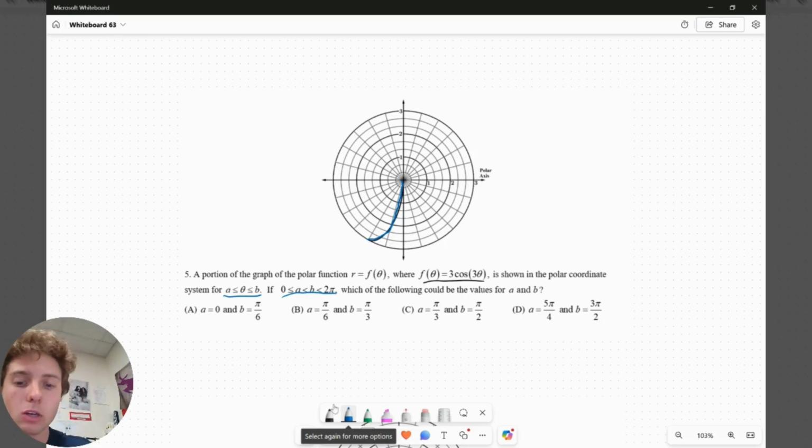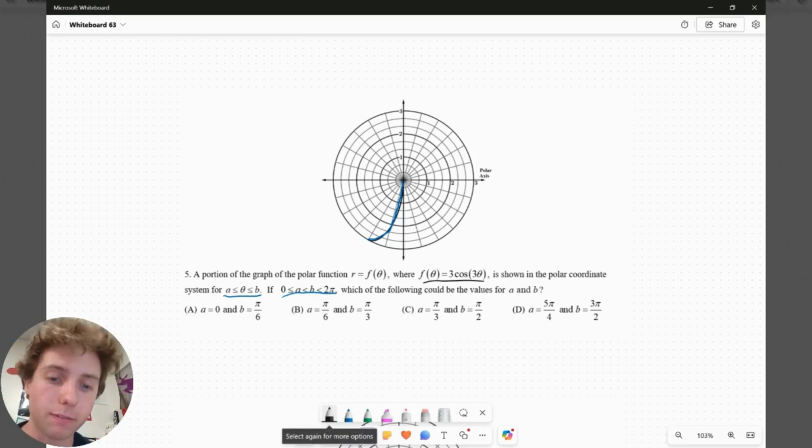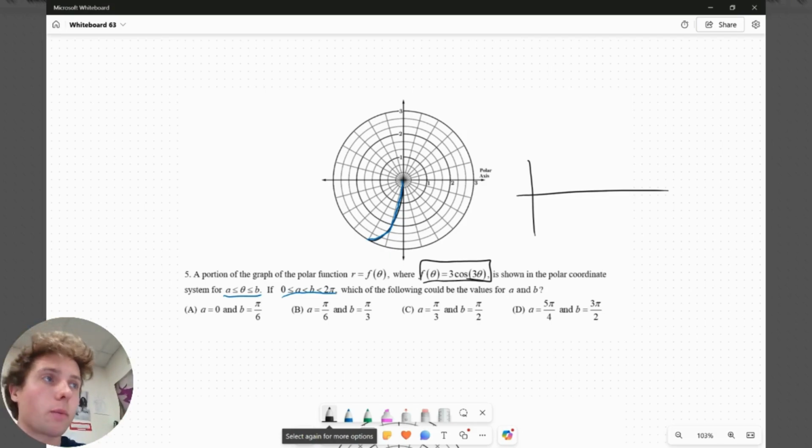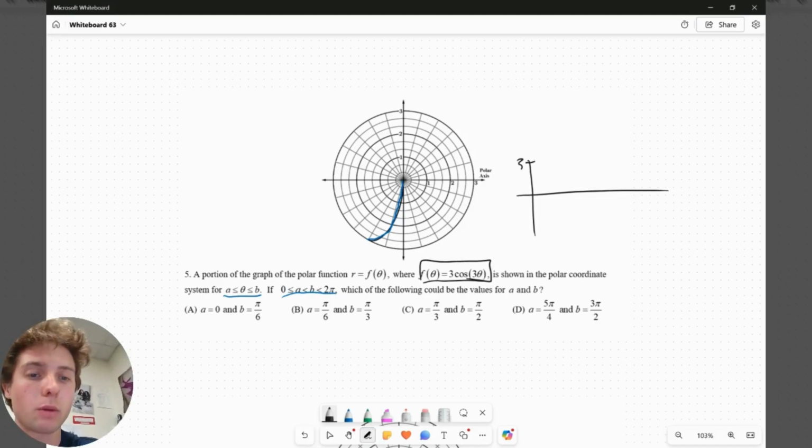We can't necessarily use that restriction right now to benefit us with the answer choices, but we do have a good strategy of graphing this function here in the normal Cartesian xy plane, where the maximum would be 3, the minimum would be -3. The period would be 2 pi over b, which is 2 pi thirds.